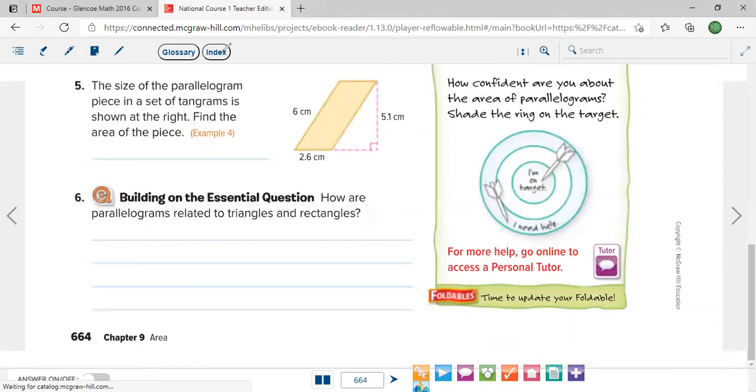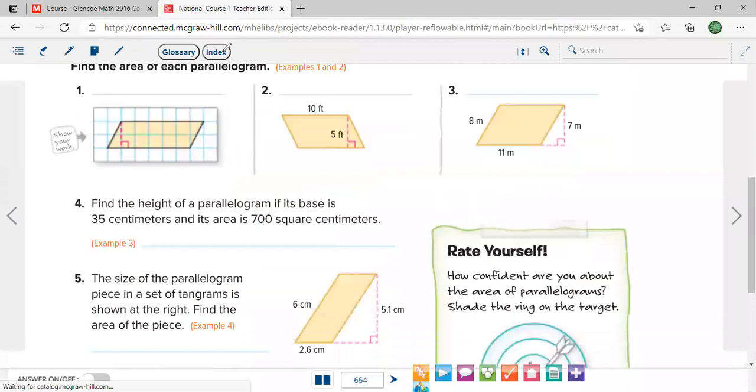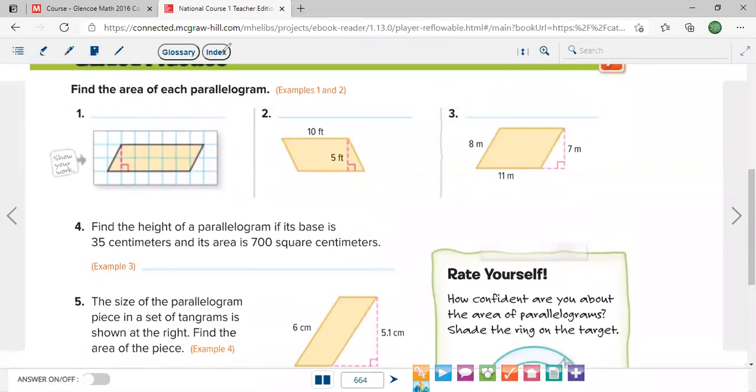Now moving on. The guided practice. Find the area of each parallelogram. Let's count how many units in the base. We have here 1, 2, 3, 4, 5, 6. So area equals 6 multiplied by 1, 2.